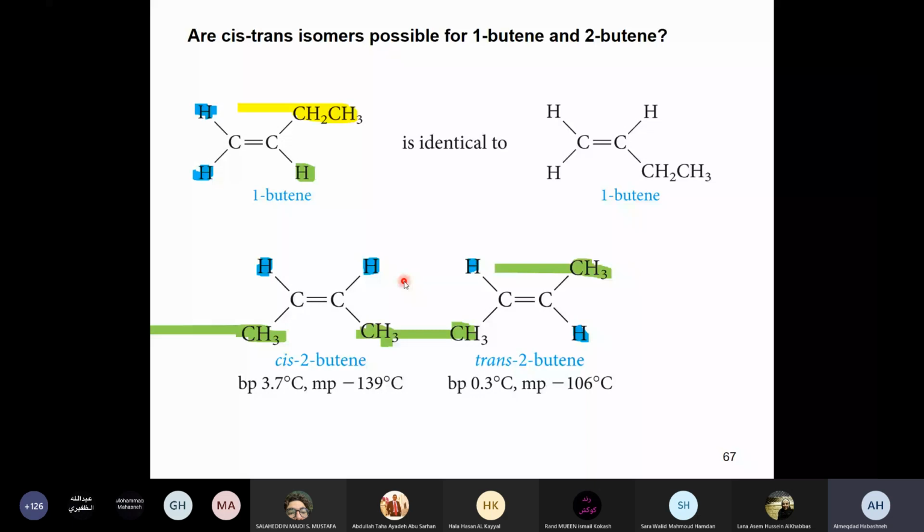We have only one type, الconfigurational isomers. في هذه الحالة cis وترانس.